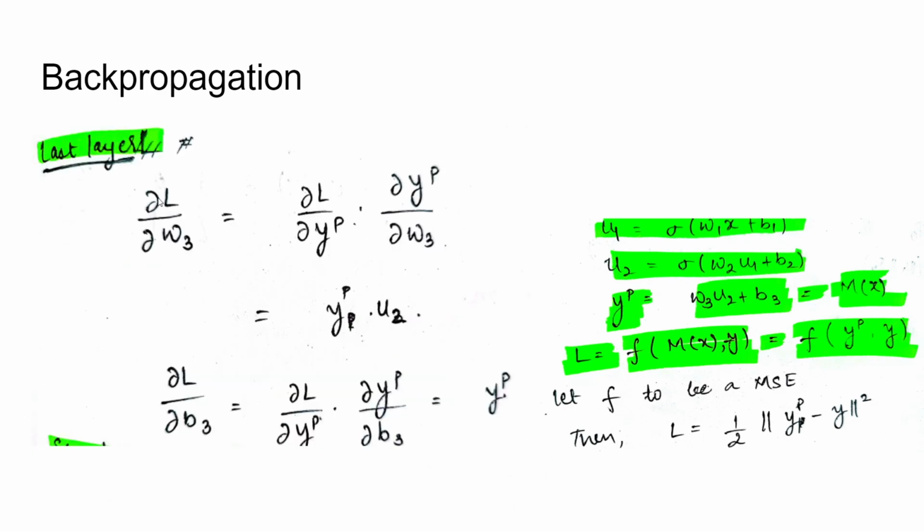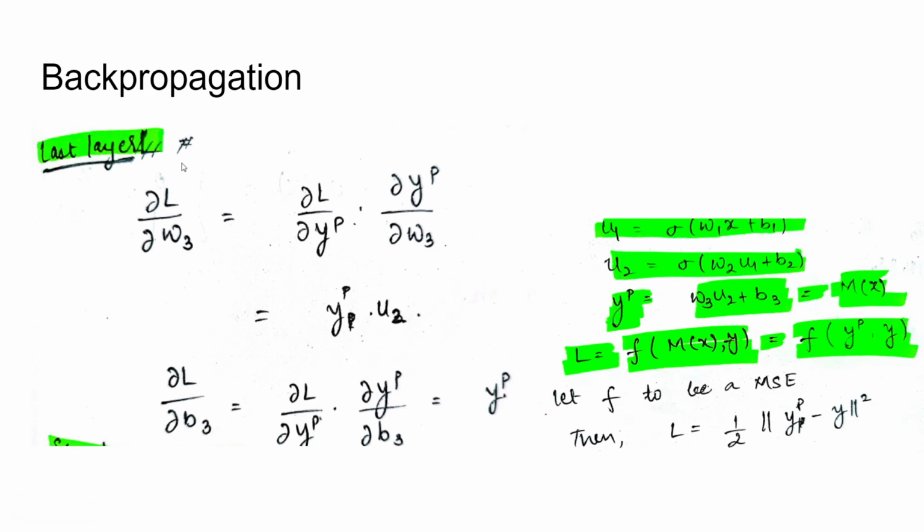Finding the derivative of L with respect to W3 will be simply differentiating this loss function with respect to yp and then differentiating yp with respect to W3, the chain rule. The derivative of L with respect to yp is yp, and the derivative of yp with respect to W3 is u2. So the gradient of the loss function with respect to weight W3 is given by yp times u2, and u2 is nothing but the input to the layer itself.